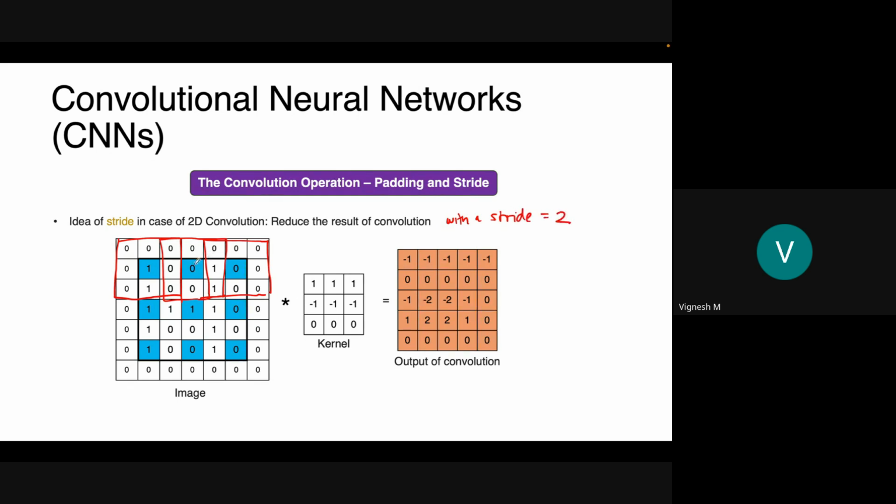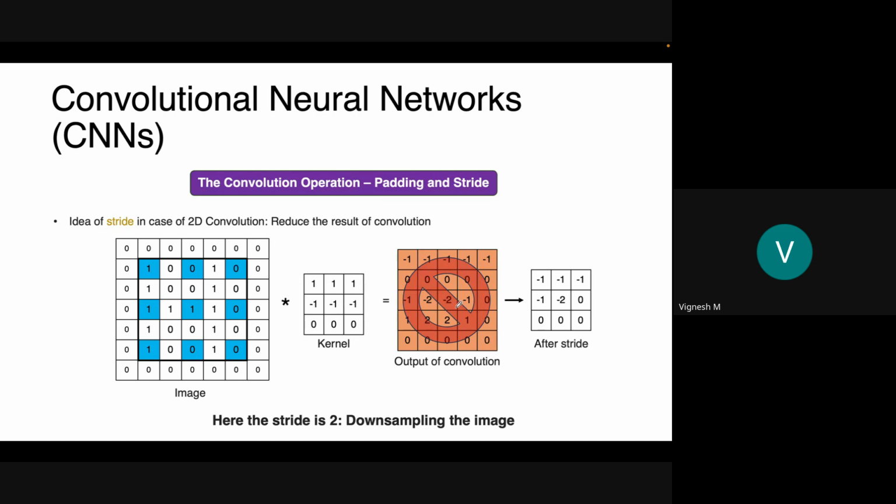That is, instead of moving 1 step, you are moving 2 steps. So the output of the convolution won't be this. It will look like this, right? So the output would be every other element here. So you will see here first this one, then this one, then this one.